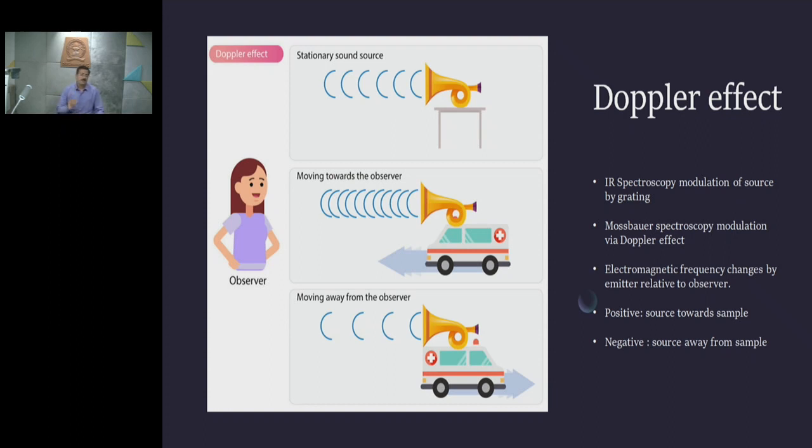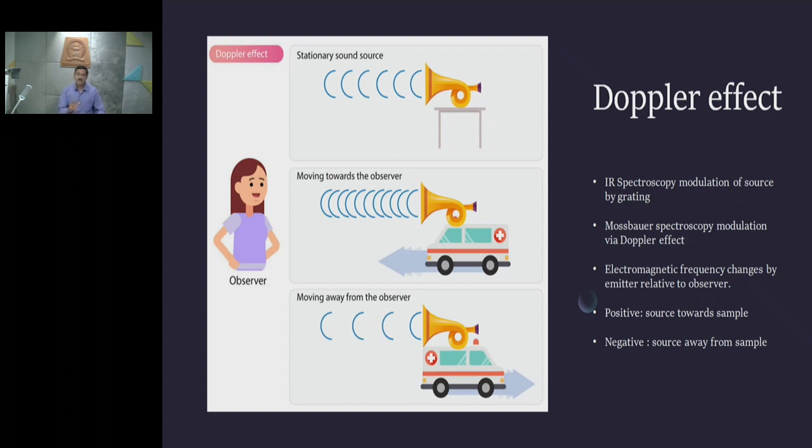How does it work? We have to see this picture. In this case, a stationary source gives the proper sound. But when the observer is moving toward the stationary source of sound, there is a positive shift, or a higher volume of sound which we observe. The opposite happens when the observer is moving away from the sound source; it is a negative value, in the sense that the frequency of sound goes on decreasing.